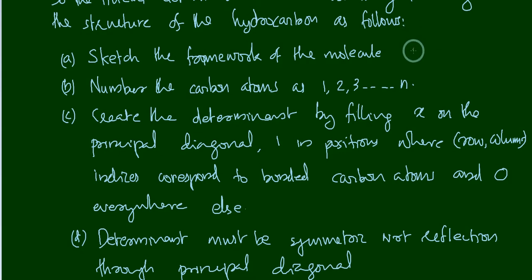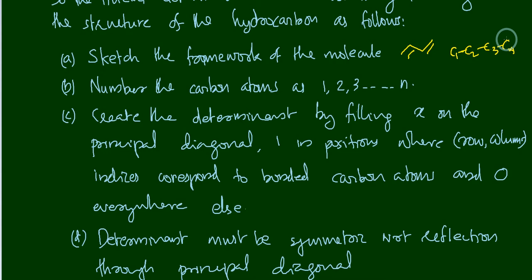For example, if you have butadiene, and you want to write the determinant corresponding to butadiene, you have to sketch the framework of the molecule, meaning C1, C2, C3, C4. We just need to show which carbon atoms are bonded together. So C1 and C2 are bonded, C2 and C3 bonded, C3 and C4 bonded. 3 bonds are there.